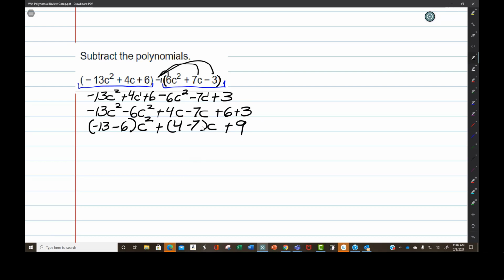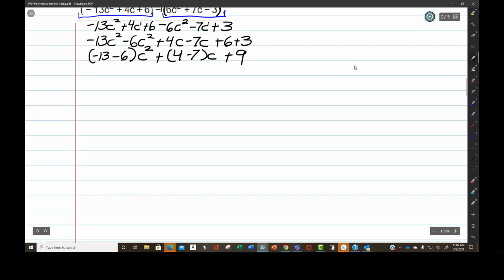So the challenge is with adding and subtracting variable terms. For instance, this is negative 13, you can tell that. But really and truly, this is negative 13 plus negative 6, c squared.